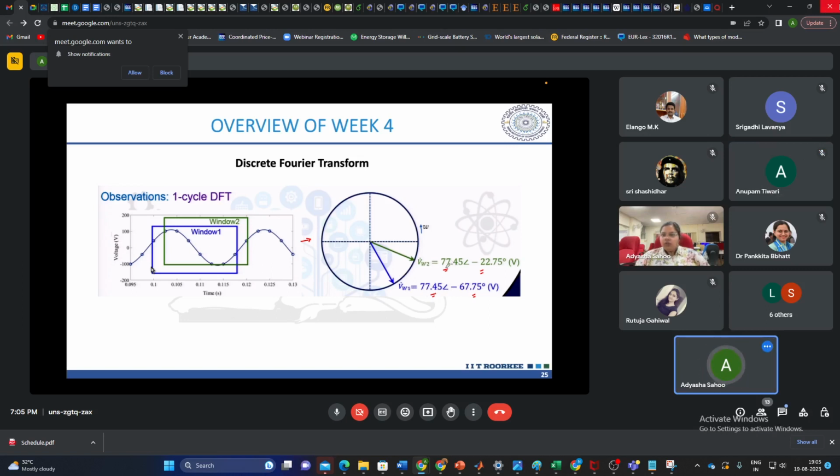For window 2, we got this value of magnitude and angle. You can see their magnitudes are the same, but they have some phase difference. So why are we getting this difference? The phasor is moving, ma'am. But they are differing by 45 degrees. My question is why they differ by 45 degrees, not by, let's say, 50 or 60 degrees.